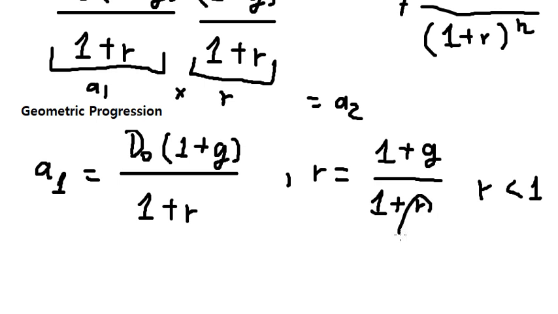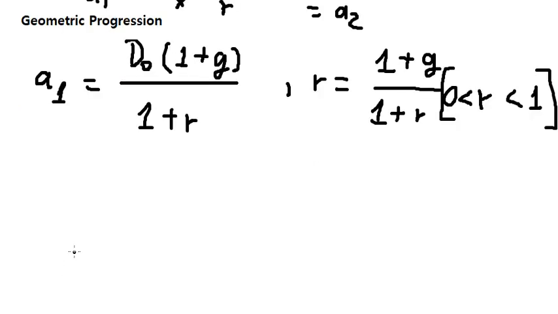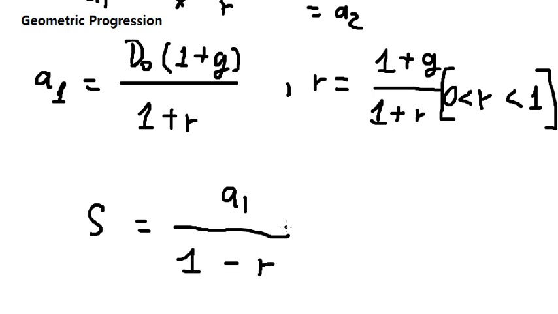Because this value is always positive, it will go like this. So the value of the ratio is between 0 and number 1, so we can apply the formula to find the sum of the geometric progression, that is S equals a number 1 over 1 minus r.